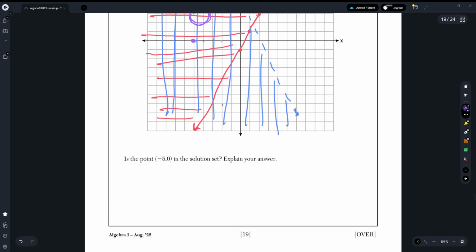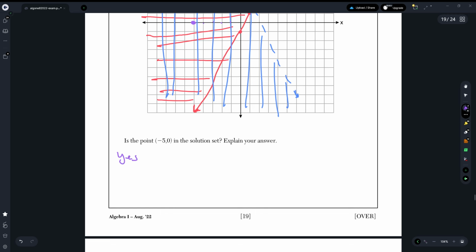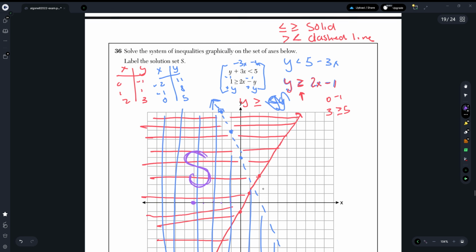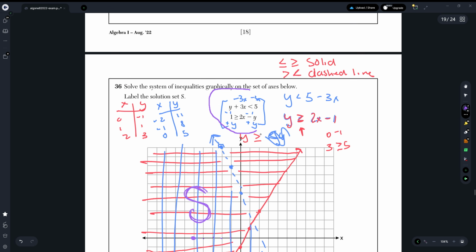So yes, -5, 0 is in the solution set because it satisfies both equations. Pretty much what that's saying is that if you plug in -5, 0 into the numbers here, it'll satisfy both of them, right?